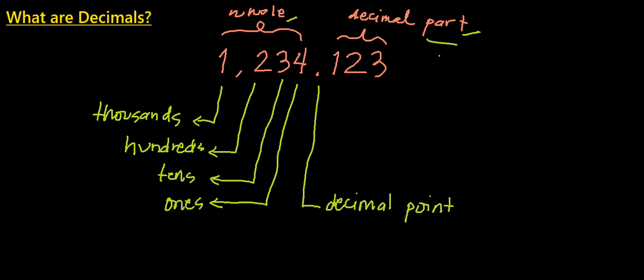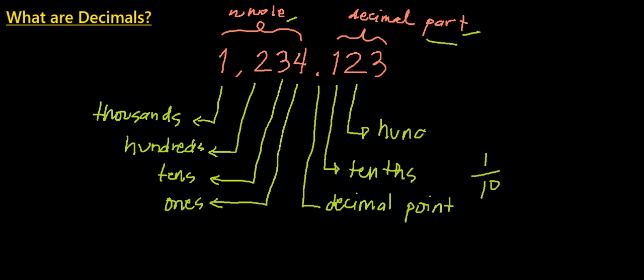Now, for the decimal part, there's also an equivalent place value for this. So the first number after the decimal point is called the tenths, which means 1/10. Then the second number has a place value of hundredths, which means 1/100.